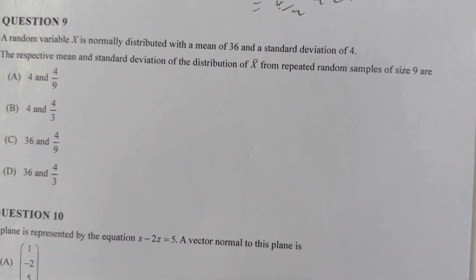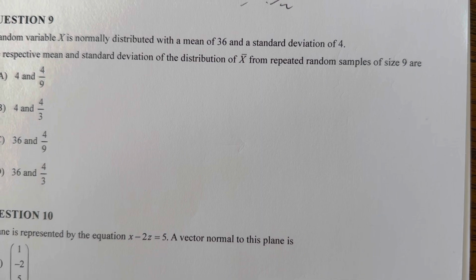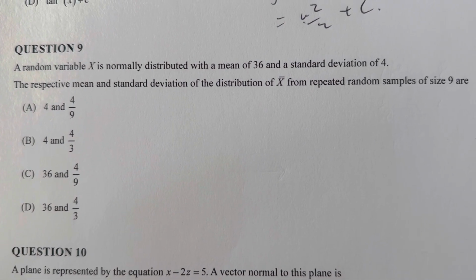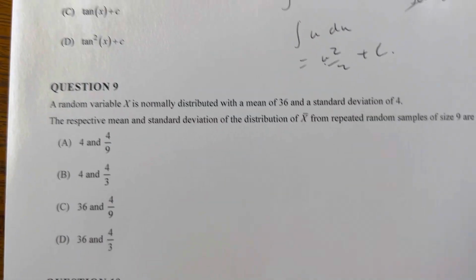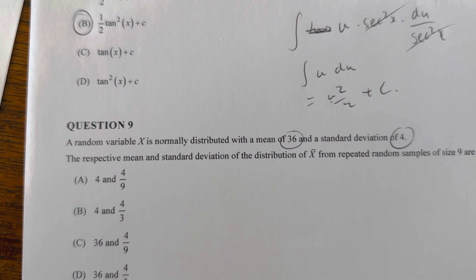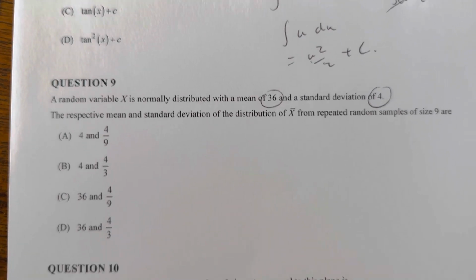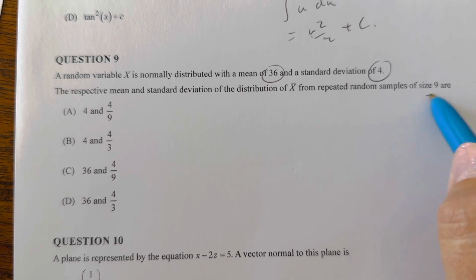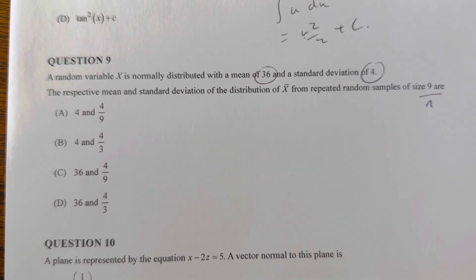Question 9. Stats question. Random variable x, normally distributed, mean of 36. Standard deviation of 4. Respective mean and standard deviation of a distribution, repeated samples, size 9. So that's my n.